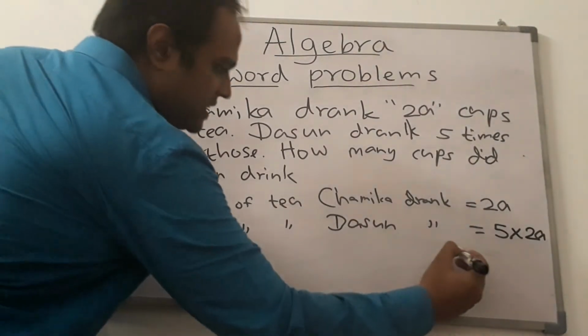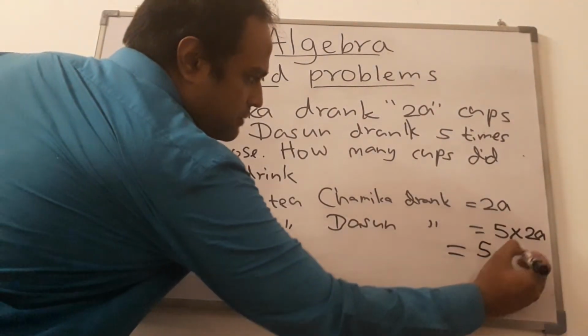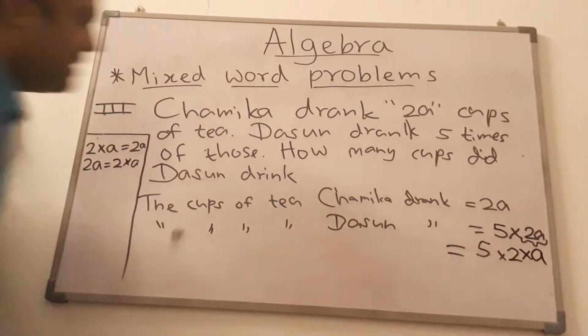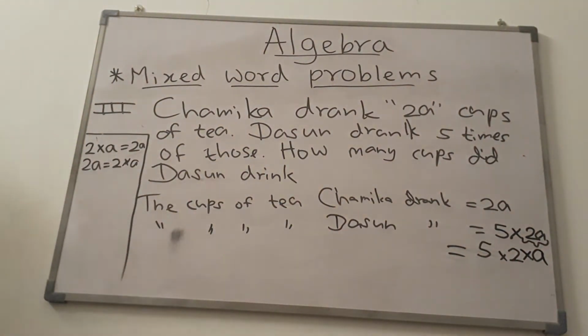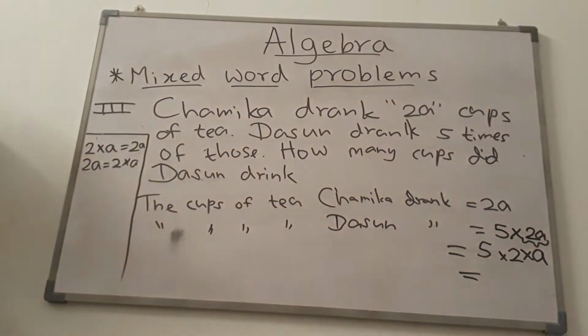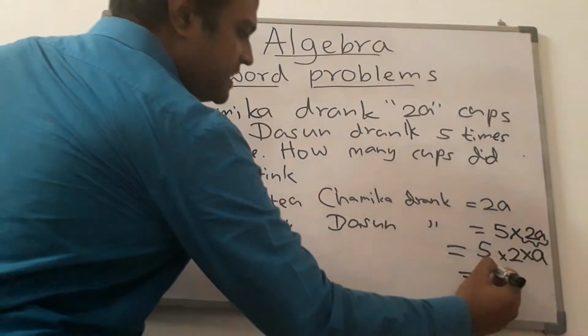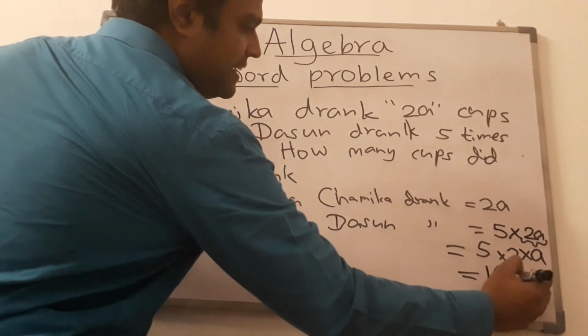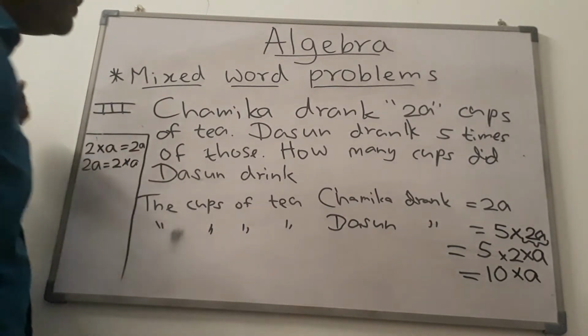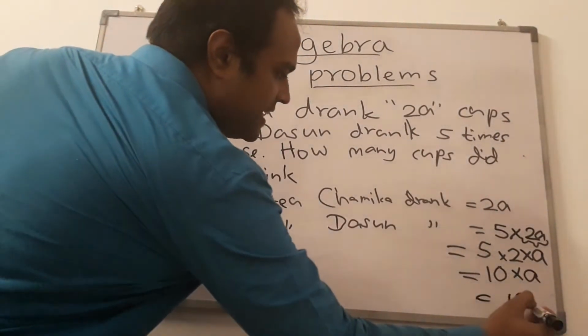So I am going to do this here. 5 times 2A can be written like 5 times 2 times A. Now we can multiply 5 by 2. 5 times 2 is 10. 10 times A. So 2 times A is 2A, likewise 10 times A means 10A.